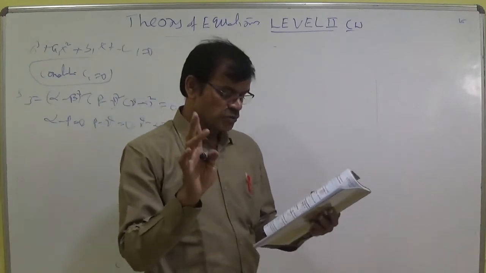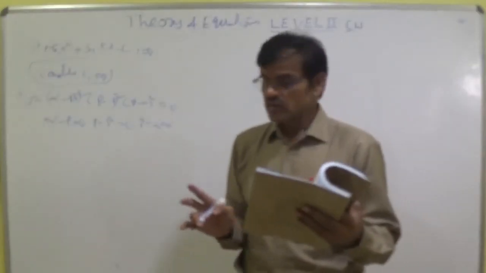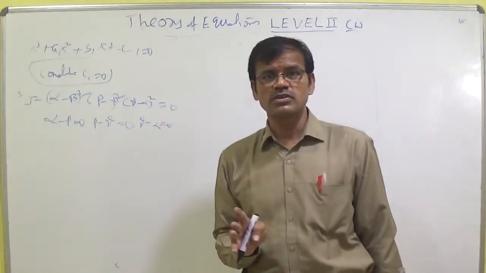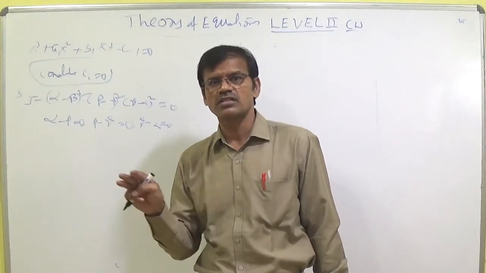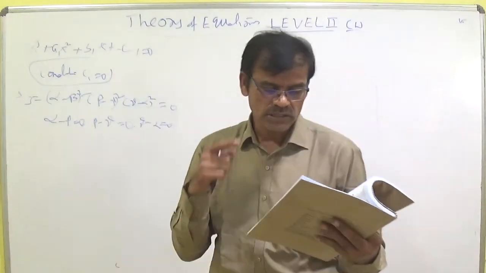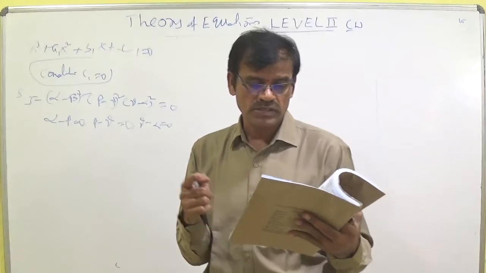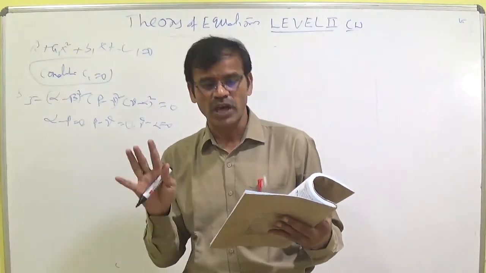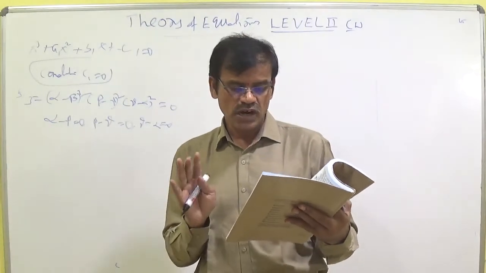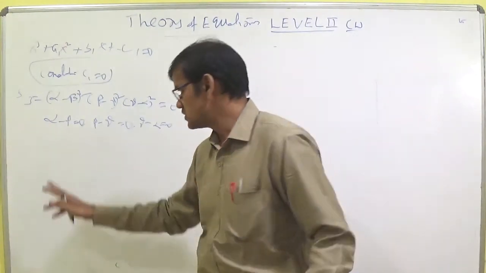So you can understand 2 roots are equal. Exactly, it is not certain that all 3 are zero, because S1 is alpha minus beta whole square plus beta minus gamma whole square plus gamma minus alpha whole square equal to minus a1. Some value is there, and S2 also has some values. It is not 0.